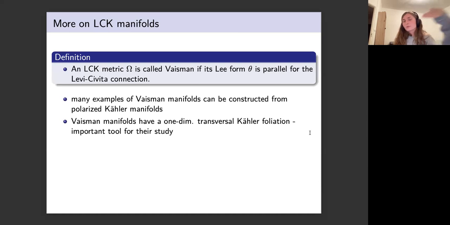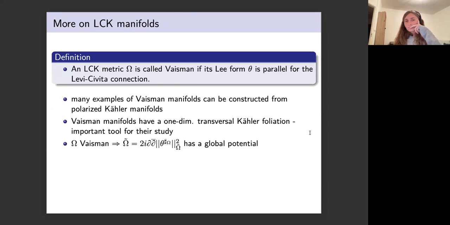And sometimes if you deform, you can still use some arguments which remain open under deformation. But another remark is that these Vaisman manifolds, Vaisman metrics, have the property that the corresponding Kähler metric on the universal cover has a global potential. You can actually write it explicitly. I wrote it here. It's not very important what it is, but it has a global potential.